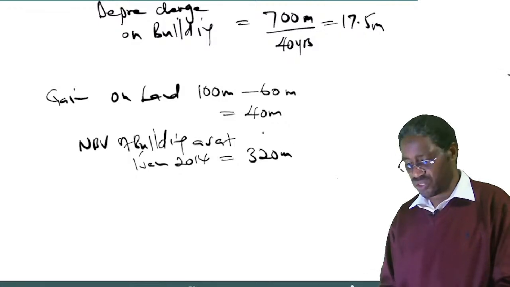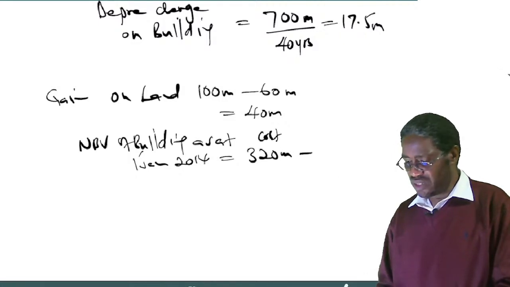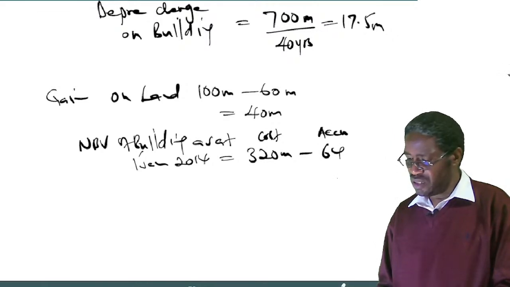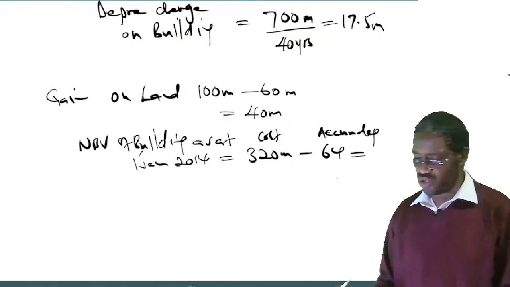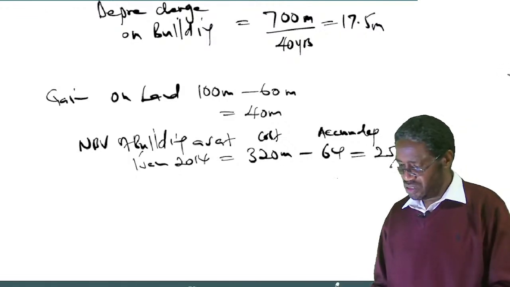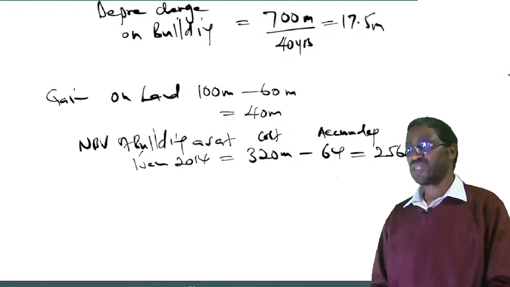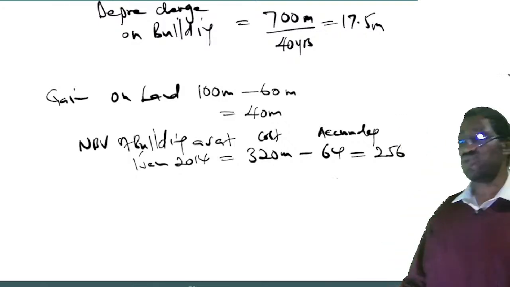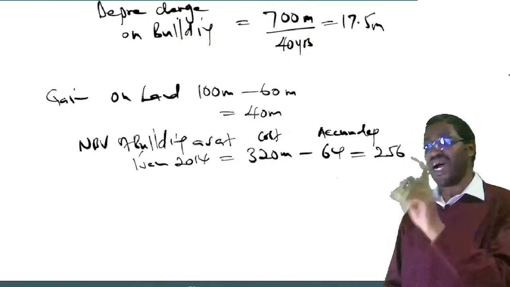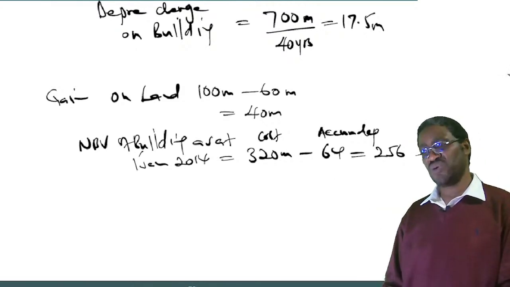That was the cost, minus 64, that was the accumulated depreciation. So it gave me 256 million. That's what you wanted to know, the book value as at 1st of January.